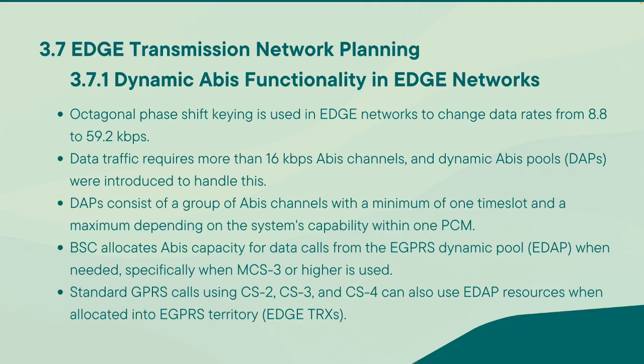But for the data traffic, it requires more, 16 kilobits per Abis channel. And for the dynamic Abis pool, it was introduced so that it can handle this, because it's dynamic. It's not like the 2G or 2.5G network that is static.